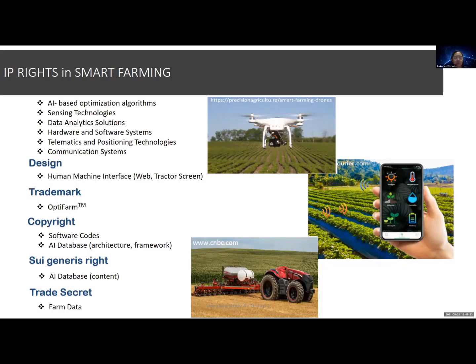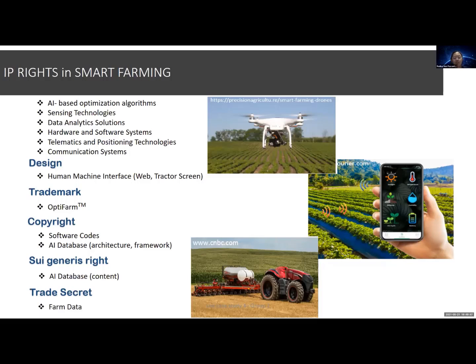So as mentioned by my colleagues, communication systems. To provide communication network connectivity, Internet of Things applications can also be used. Connectivity should be reliable enough to withstand bad weather conditions and to ensure non-disruptive farming operations. For designs, we could have a human-machine interface.